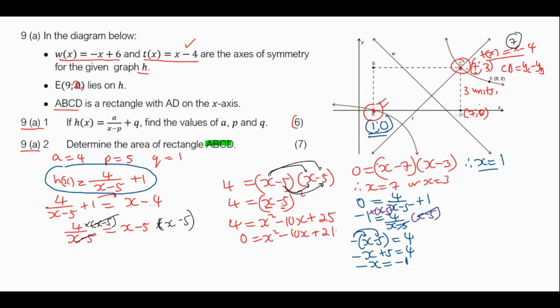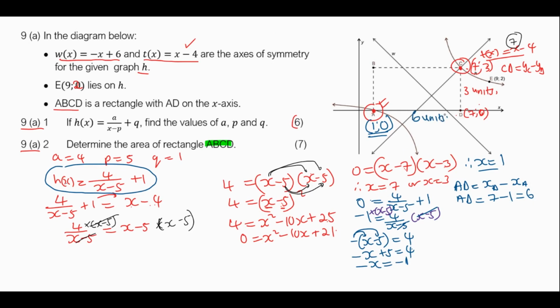So it's 1, 0. So what is the length of AD? AD is equal to xd minus xa. So AD is equal to 7 minus 1, which is equal to 6 units. So it means this one is 6 units.